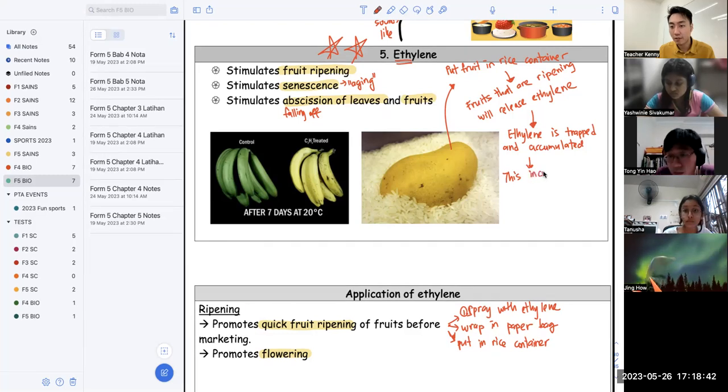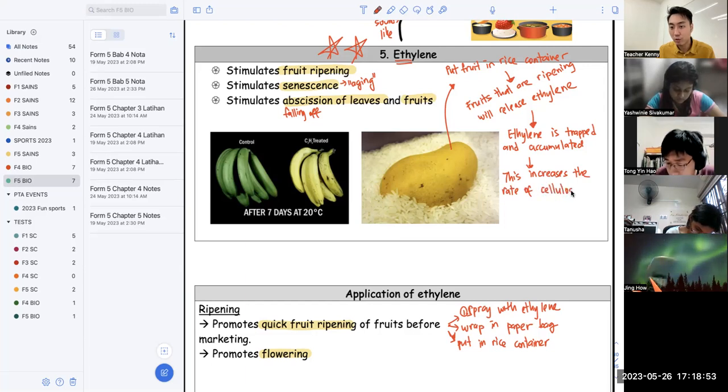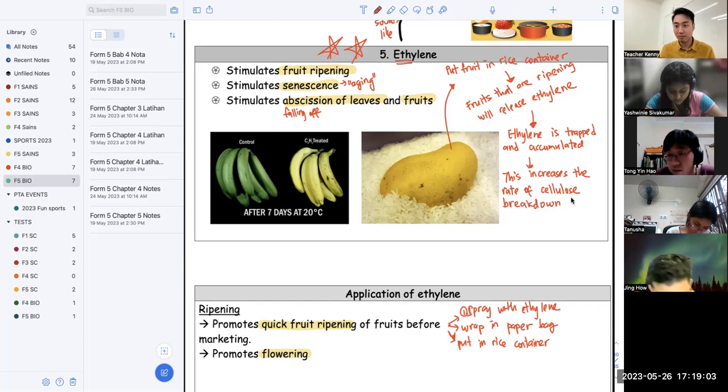This increases the rate of cellulose breakdown. Who knew mango rice had so many words to write? Giving a full answer for essay.